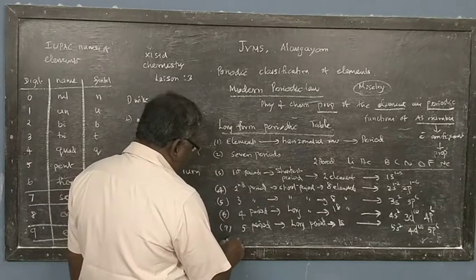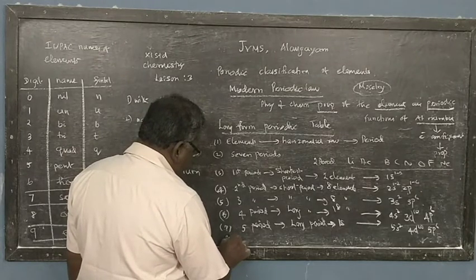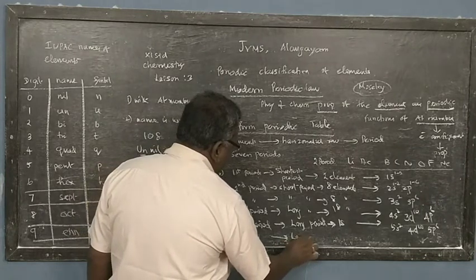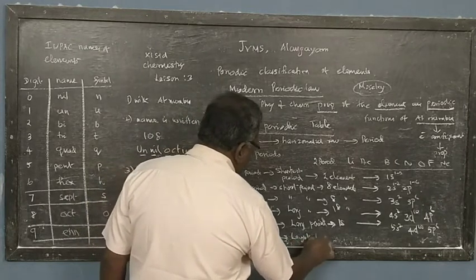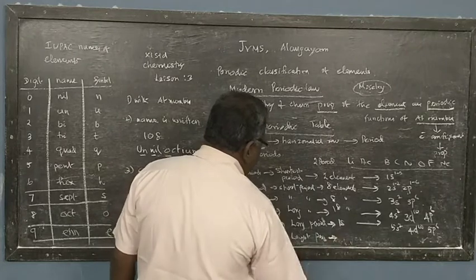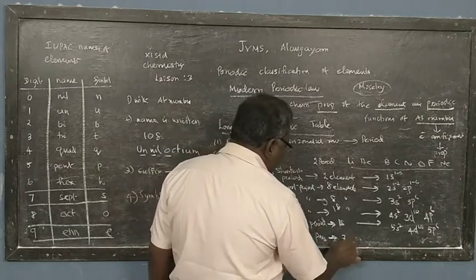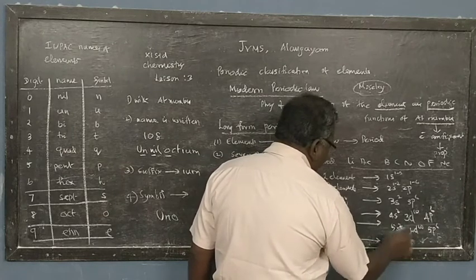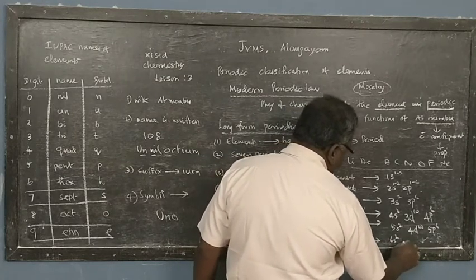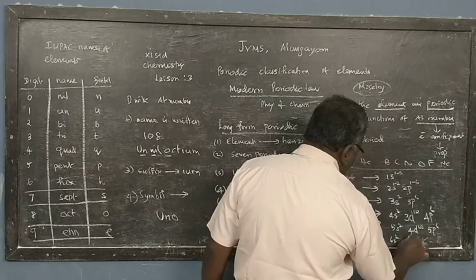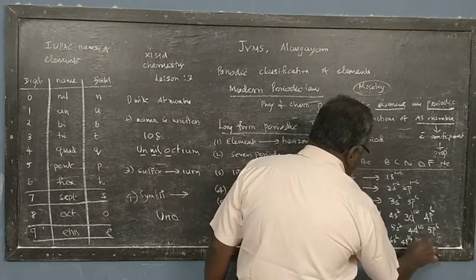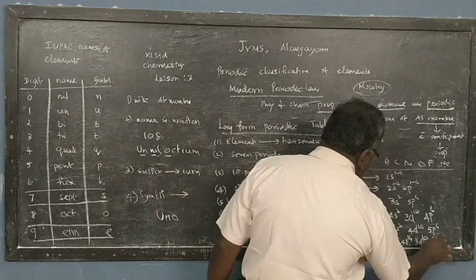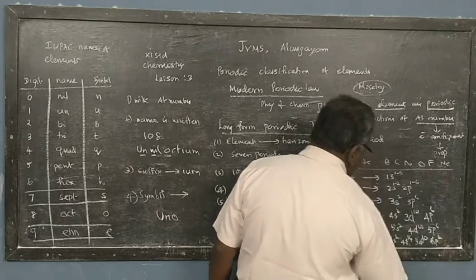Then the sixth period is the longest period. It has 32 elements. This has 6s2, then 4f14, 5d10, 6p6.